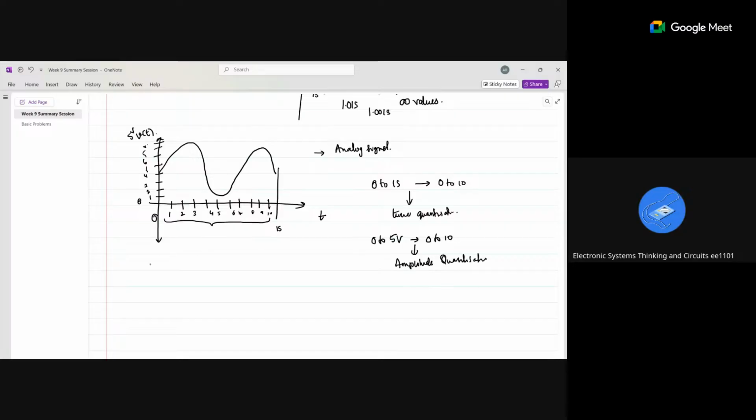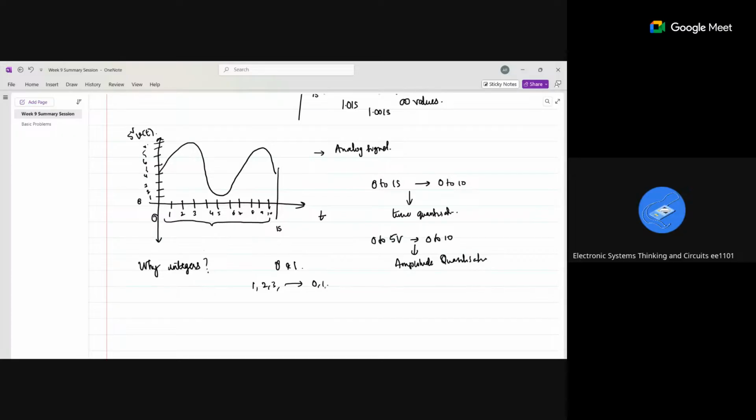So why am I making it in terms of integers? Because our computers can read only values zeros and ones, right? And these integer values we can convert into zeros and ones by binary conversion.